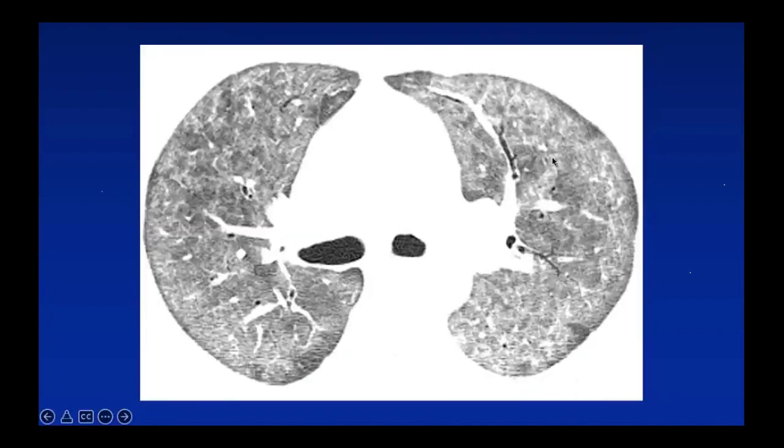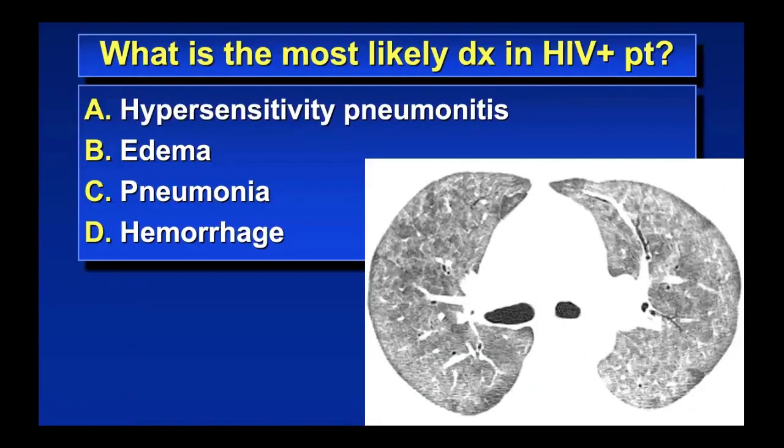Okay, this is a different patient, diffuse lung disease, diffuse ground glass opacity, same differential diagnosis. So this patient is HIV positive, so we definitely have to think about pneumonia, especially pneumocystis pneumonia in HIV positive patients, as well as viral pneumonias like CMV.